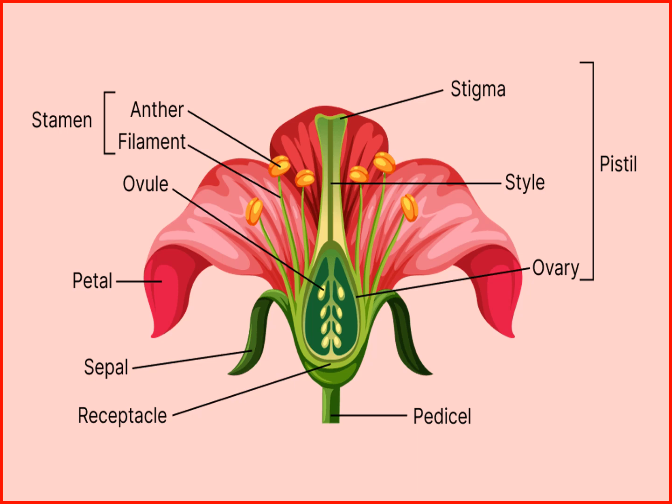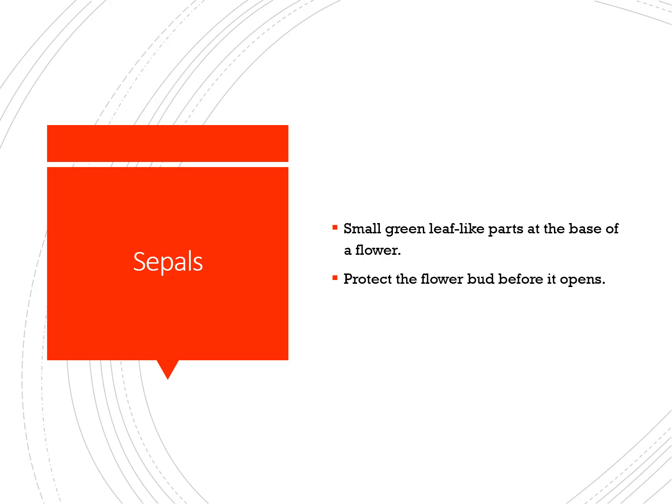Then there is ovule, petal, sepals, receptacle, pedicel, ovary, style, stigma. And stigma, style, and ovary are collectively called pistil. Let's study each part of the flower in detail.